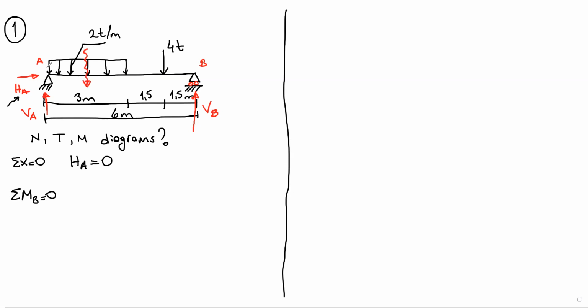How do we do that? We calculate the area of this uniform distributed load. The magnitude is 2, and the distance is 3 meters. So 2 times 3 is 6 tons.